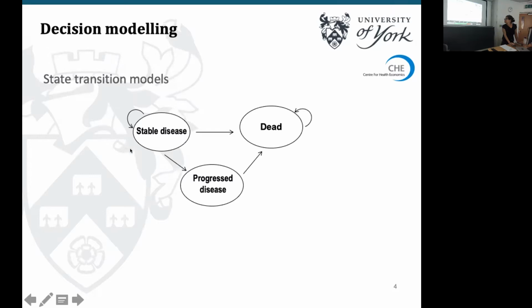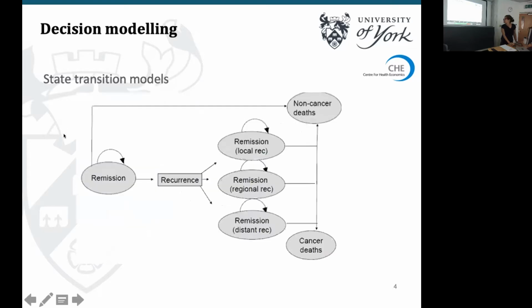And assume some effects of treatment in some part of this pathway, so in some of these transitions that are assumed over time. And that allows basically extrapolating patient outcomes and costs to the long term throughout the patient's lifetime. So you can determine the overall value of a particular intervention for an individual patient.